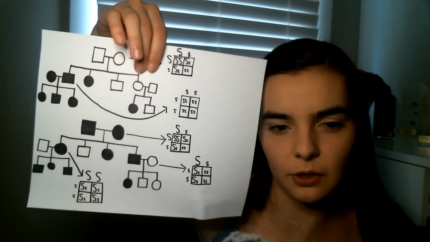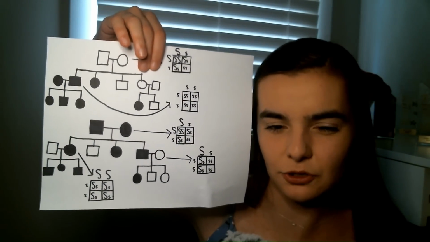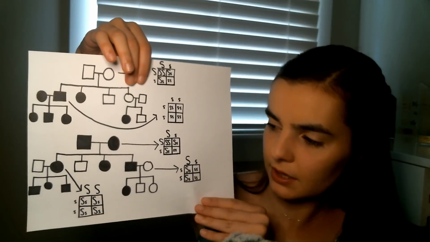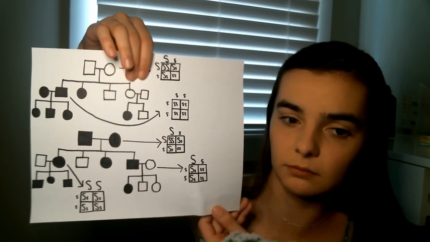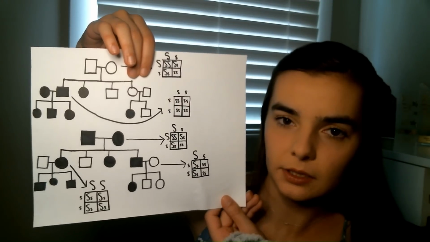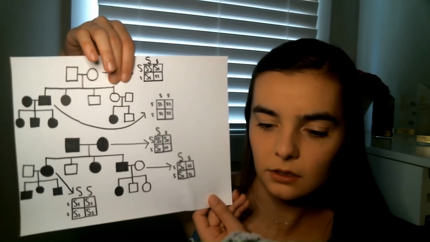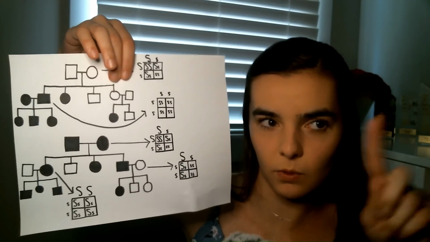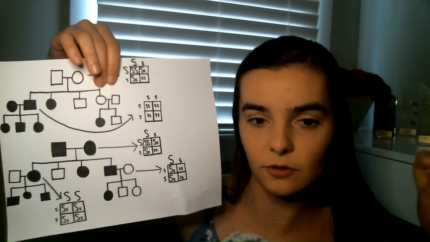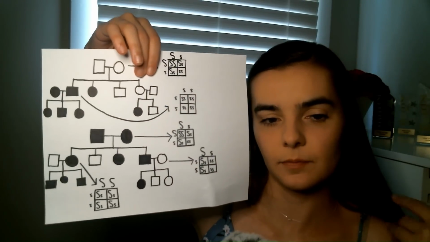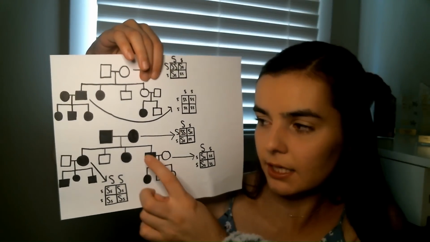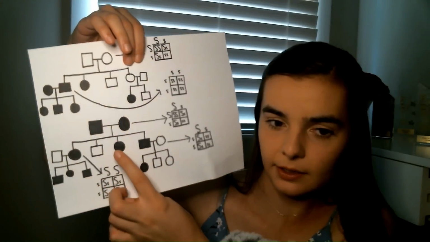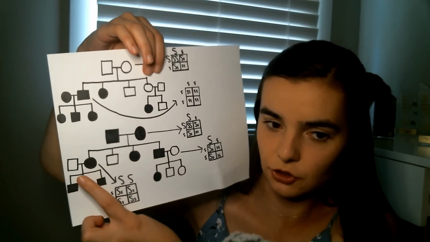I don't think I'm really going to go into this because I didn't talk about dominant traits at all, really, but this is a pedigree of a dominant trait, which basically means you only need one allele to have the disease. And I'll just say quickly that the reason we know this is dominant is that 2 affected parents had unaffected children.